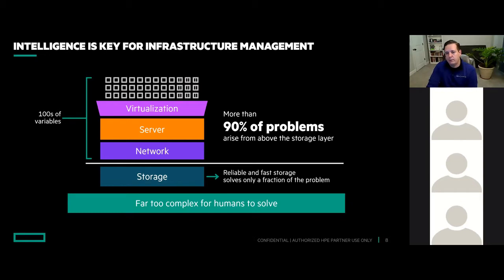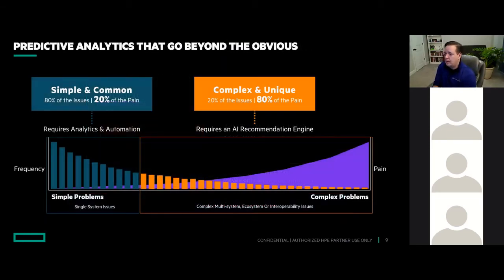And those problems now are sometimes too complex for humans to solve, at least in a relatively acceptable timetable. If we apply some common sense to this, most of the simple problems that we can easily fix are about 80% of the issues. However, whenever we do run into those very complex ones, that's where the majority of the pain's coming from.